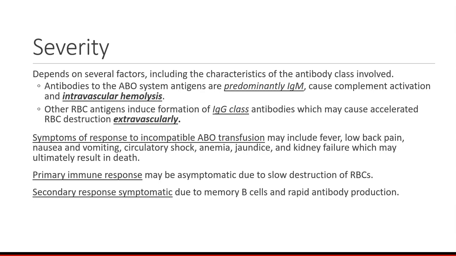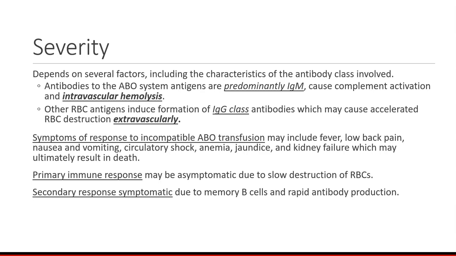Other red cell antigens induce the formation of IgG class antibodies, which may cause accelerated RBC destruction extravascularly. So these are coated with antibody, and they may be phagocytosed, they may be taken out by the spleen. So these are destroyed outside the blood vessels. So intravascular is the worst. Extravascular takes a little bit more time.